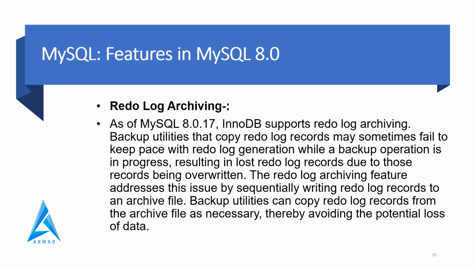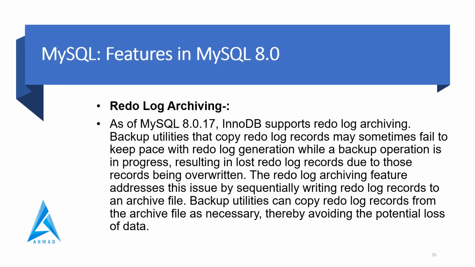by sequentially writing redo log records to an archive log, just as in Oracle, where if one redo log is full, a log switch happens and the log writer moves to another log file, but the previous file which is full is now flushed by the archiver process to the archive log file.